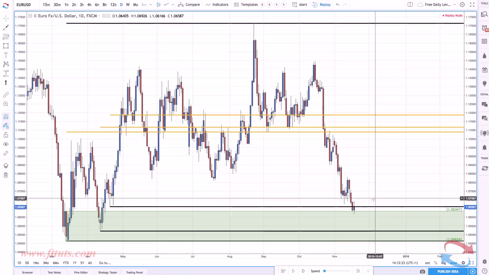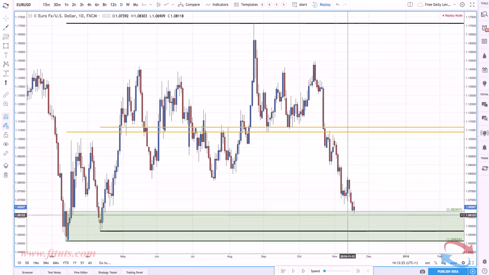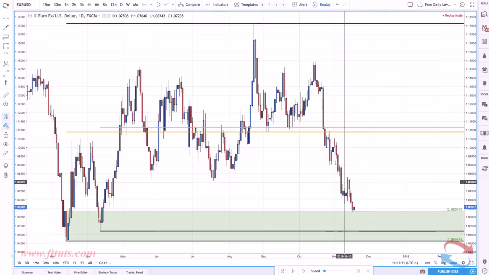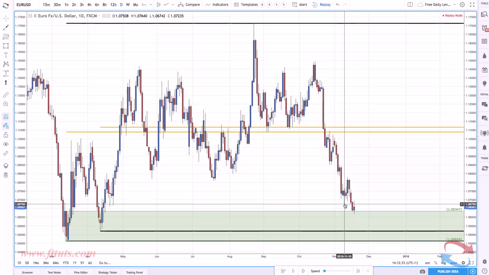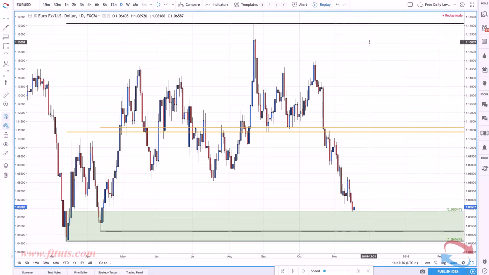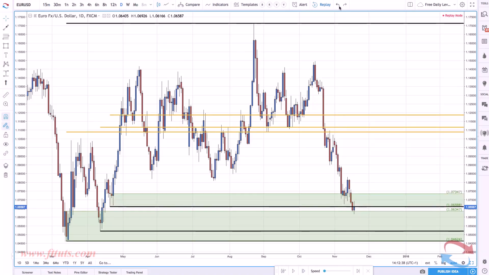And again, this is not to say that you should be using this method solely. We're just identifying potential areas of value. And if you look from a daily perspective, even if you were buying at this area, you saw price go from 107 to 108.30.